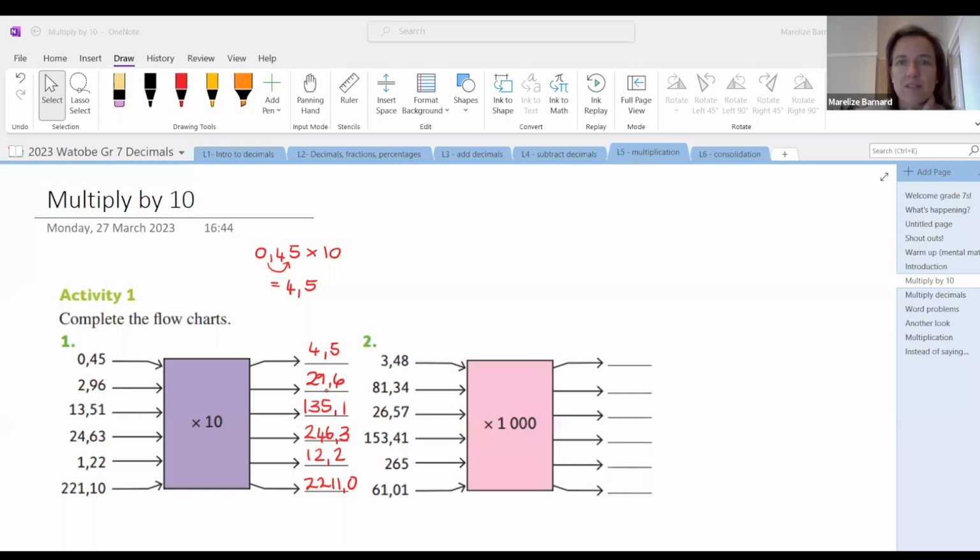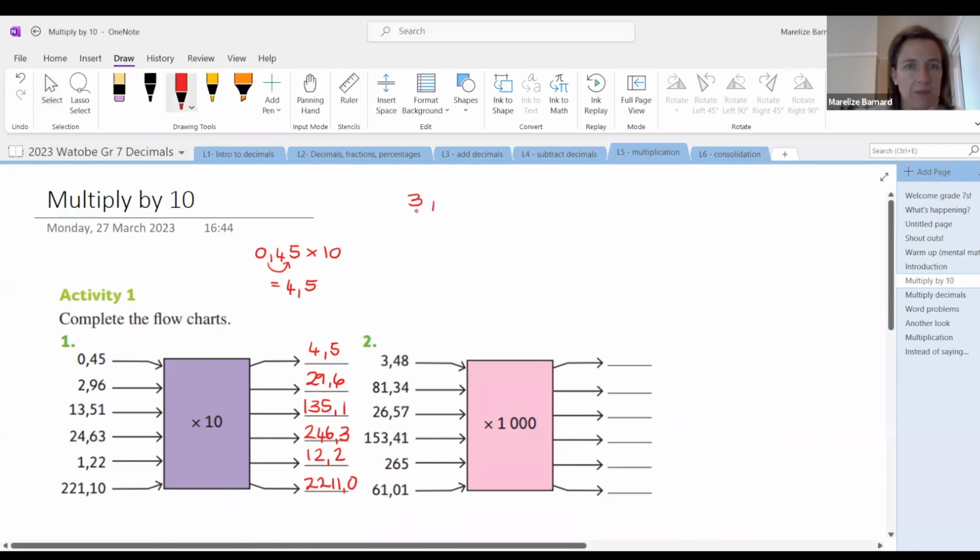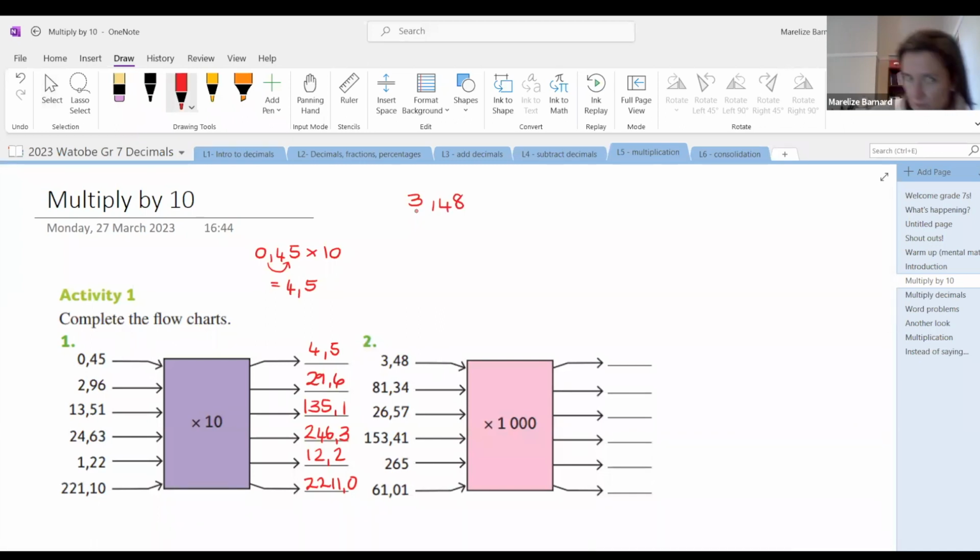Come put some answers in the chat, everybody. Let's see what you're thinking. So let's just start off by timesing it by 10. If we times 3.48 by 10, we're going to do what we just did previously. We're going to move the comma one space to the right. So that's going to give me 34.8.